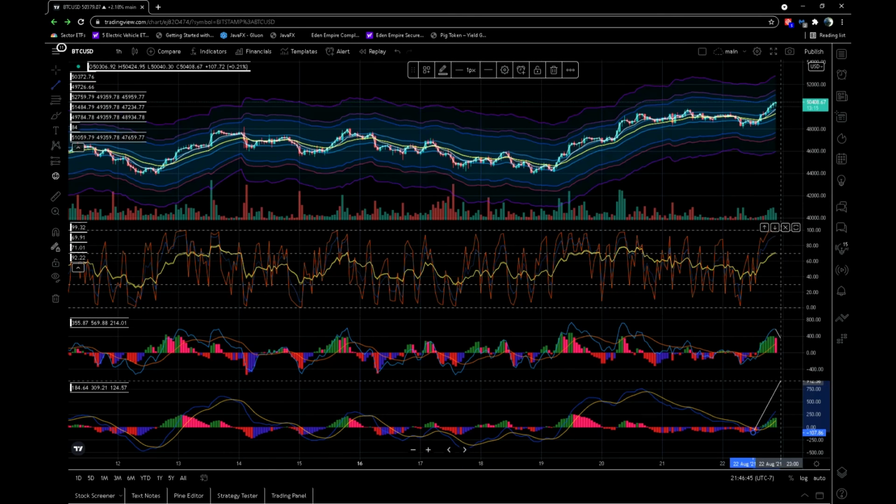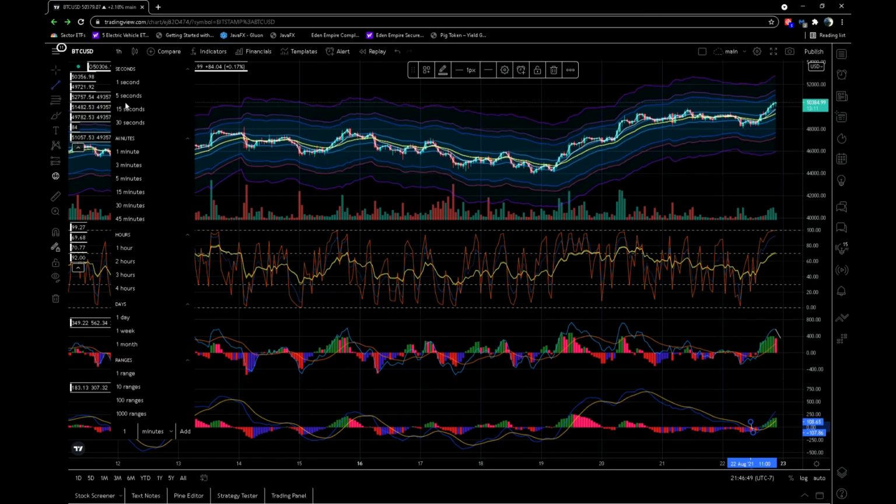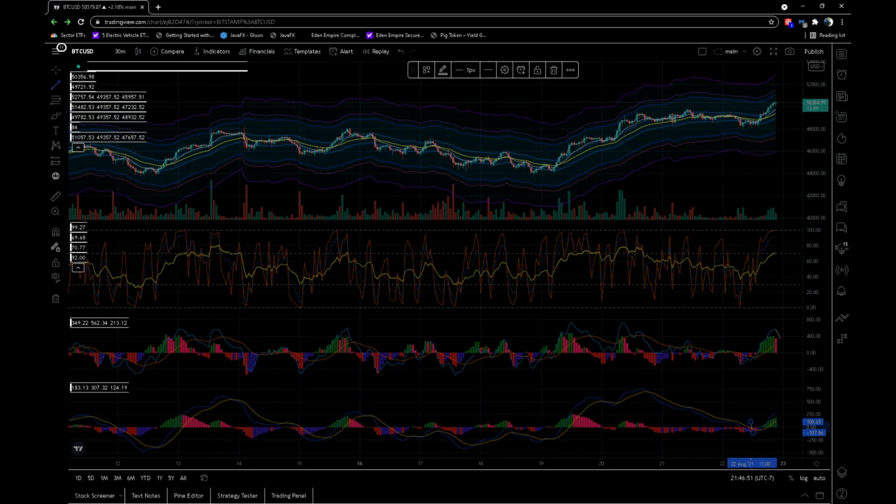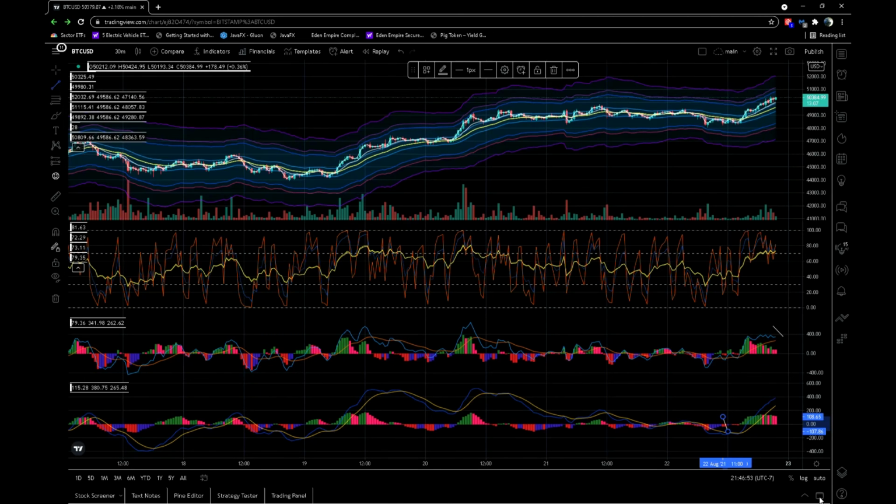RSI coming up high, so we could see some momentum changing towards the opening of the Europe session, which is in 2 hours and 13 minutes now, something like that.